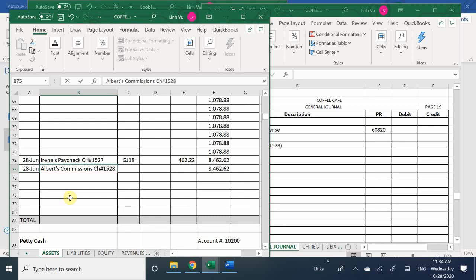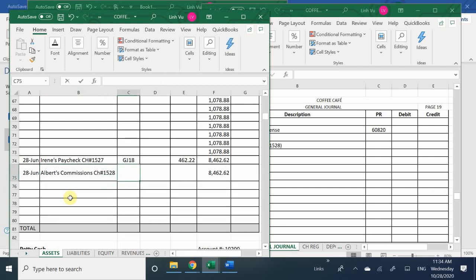General journal number 19. And how much was the check written out for? 140.18. Lowering my account to now be $8,322.44. Okay.